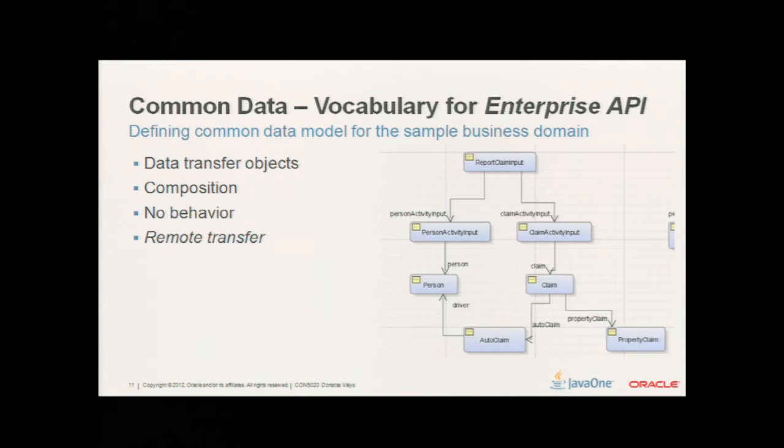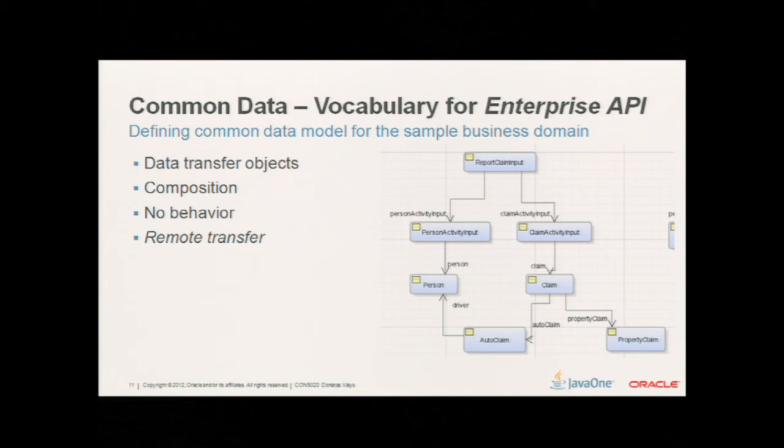At the top we have a process message, report claim input, which consists of person activity input and claim activity input messages, and some objects from our business domain in the sample: person and claim, and some types of claim, for example, auto claim to report a car accident and property claim to report some damage on your house.